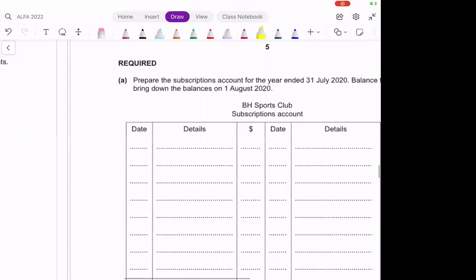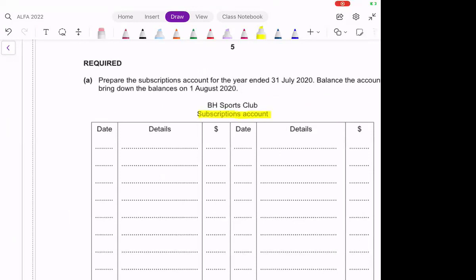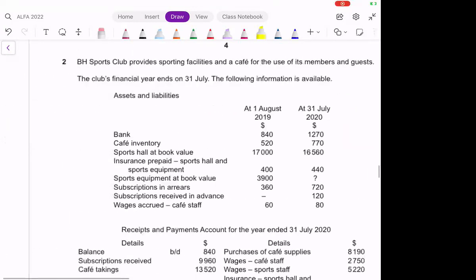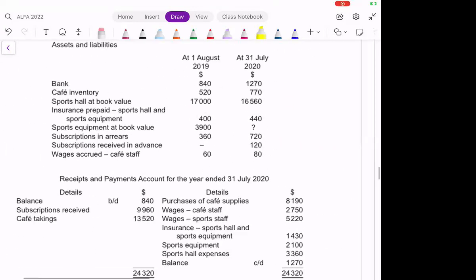The first question asks you to do the subscription account. So I'm going to highlight all the things that are related to subscription in yellow color, but you will do it yourself. I can see subscription in arrears, BD and CD. This is the BD opening. This is the CD closing. Subscription in advance, CD. BD don't have.